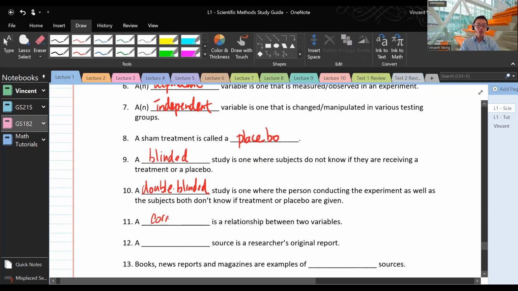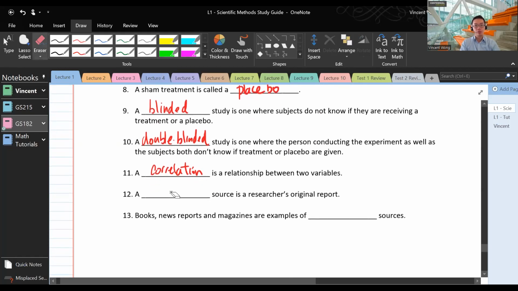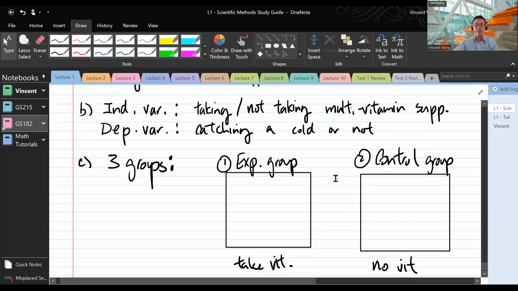A correlation is a relationship between two variables. We didn't talk about this during the tutorial, but it was discussed in the lecture recordings. A primary source is a researcher's original report, whereas these things are examples of secondary sources. Okay.